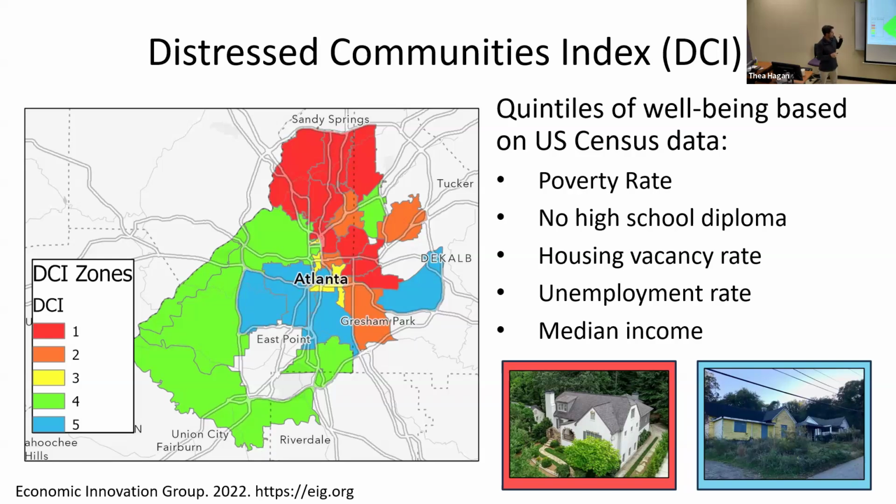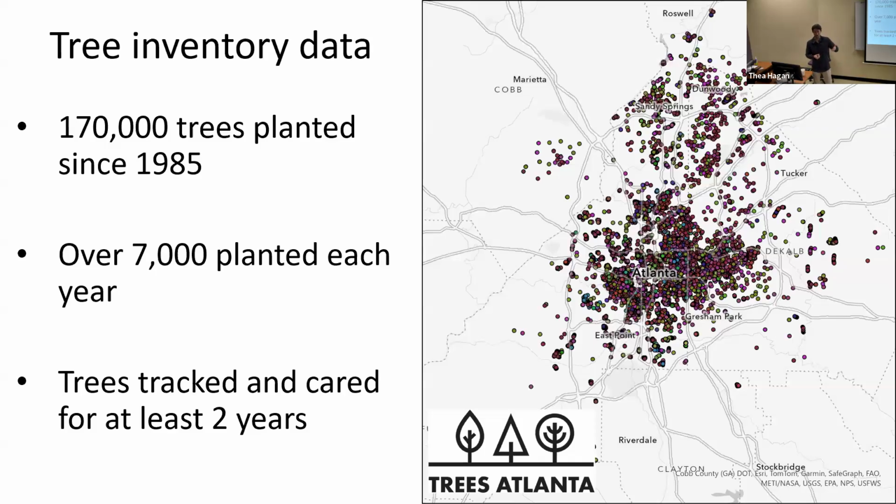And so we're using this kind of also as a ready-made experiment, but also Atlanta has a wealth of data on their urban forest, and they have an incredible program, Trees Atlanta, that's been planting trees there since the 80s. And they've planted 170,000 trees since 1985, and they keep track of all that.